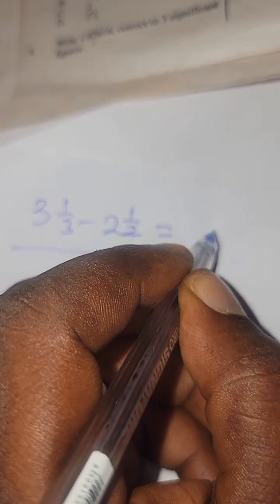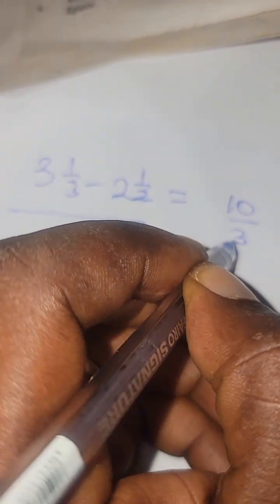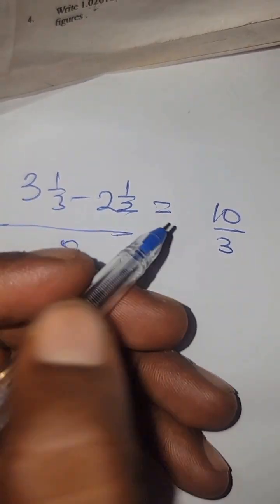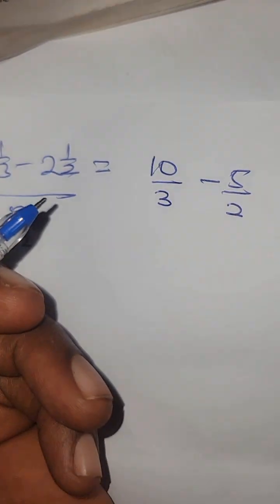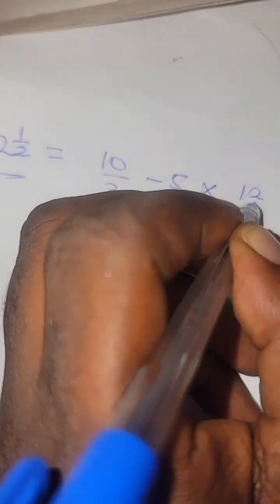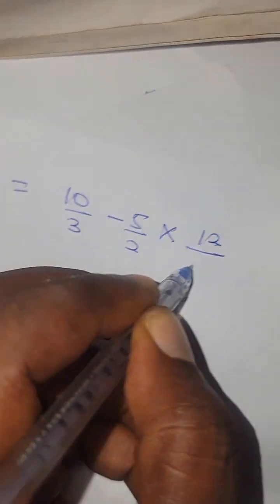So that should be 10 out of 3 minus 5 out of 2. Right? So we solve, and it's divided by 5 out of 12, so that becomes times, if you're dividing fraction, times, then reciprocate the second fraction.